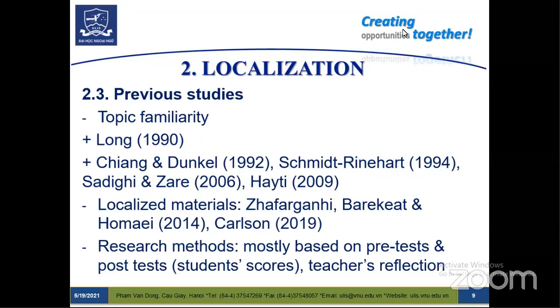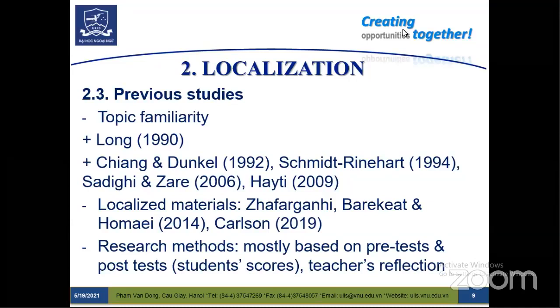However, later research by a group of researchers like Chance and Danko in 1992 or Smith and Reinhardt in 1994, and other researchers, also showed that there still exists a clear difference in test results when test takers have the chance to get used to familiar cultural topics.